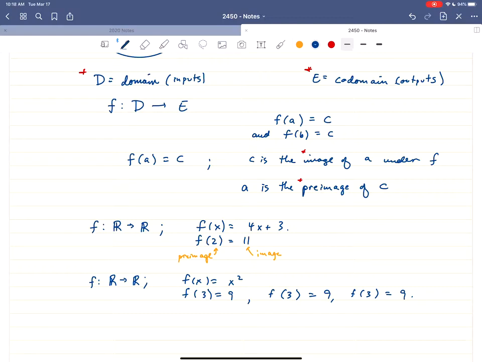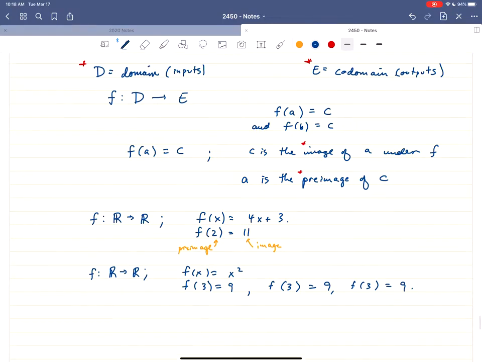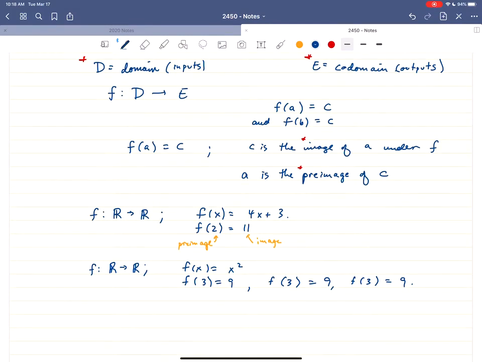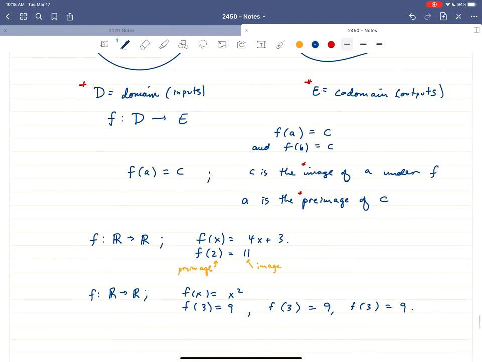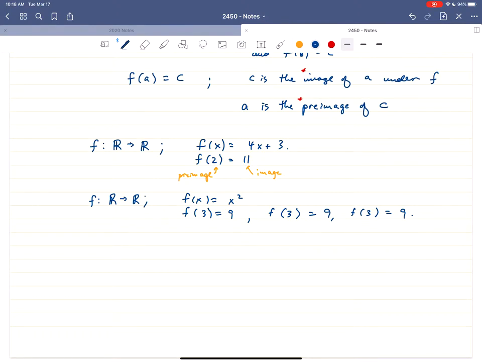There's a lot that we could say about functions. But what I want to do is really think about functions in the context that's going to be important for us, and that context is what are called vector transformations. A transformation is just a fancy word for a function. It's really nothing more than that.